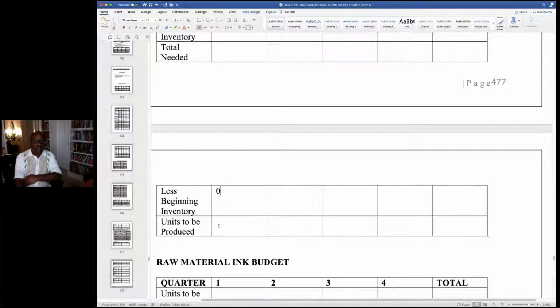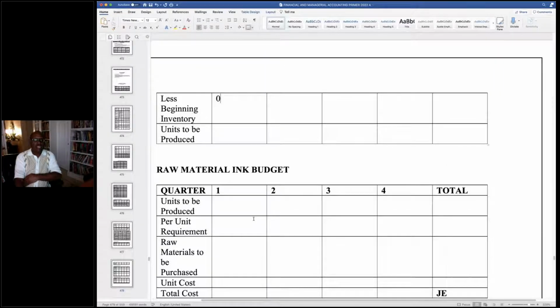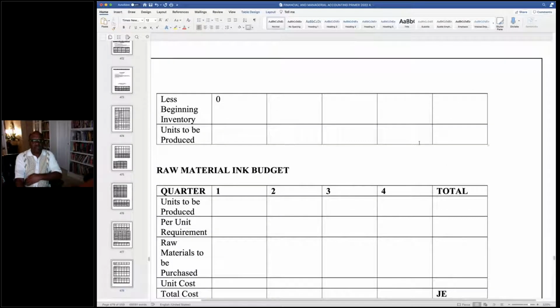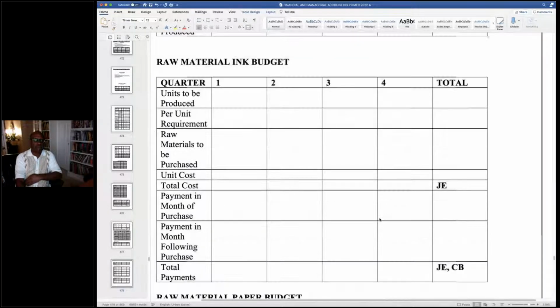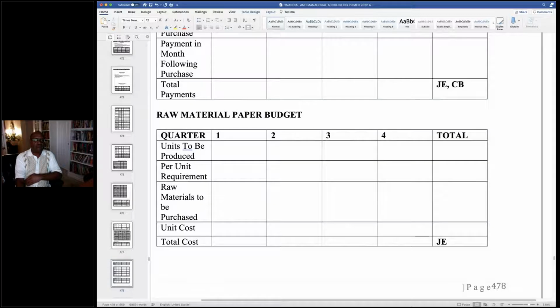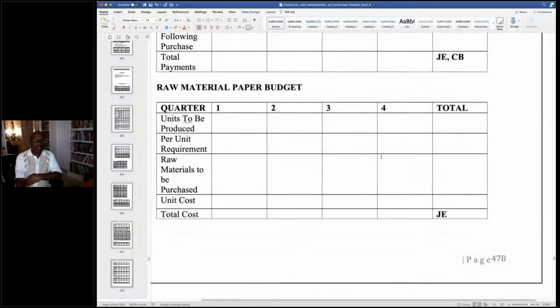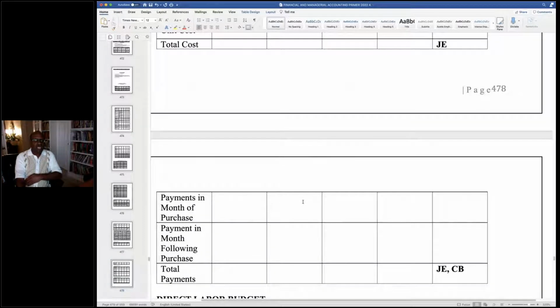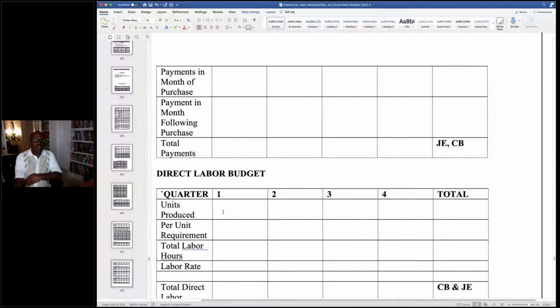Once you come up with your units to be produced, then Raw Materials is going to take those numbers and put them at the top of their budget, units to be produced. Direct labor is going to do the same thing.